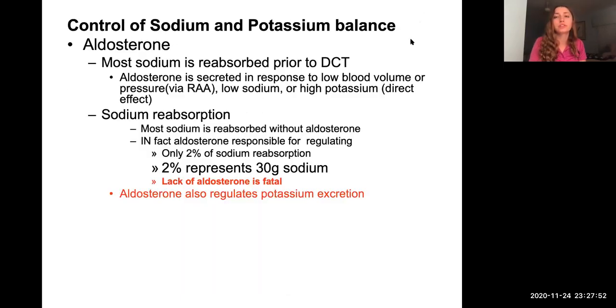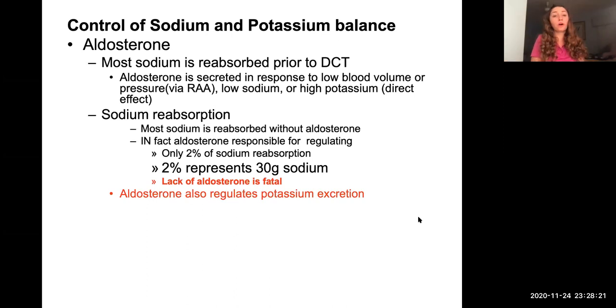Control of the sodium potassium balance. Aldosterone: most sodium is reabsorbed prior to the distal convoluted tubule. How it does this is it's regulated by the sodium potassium pump, but it's not even just potassium, it's potassium and hydrogen. They basically compete for the place on the pump.